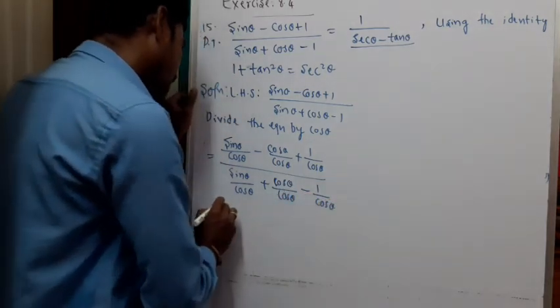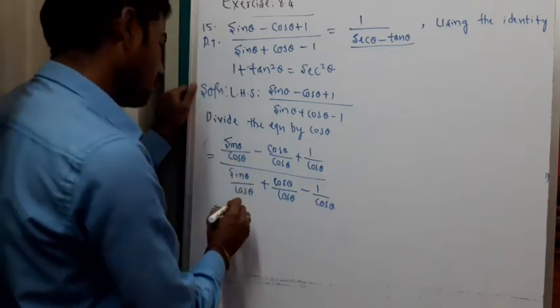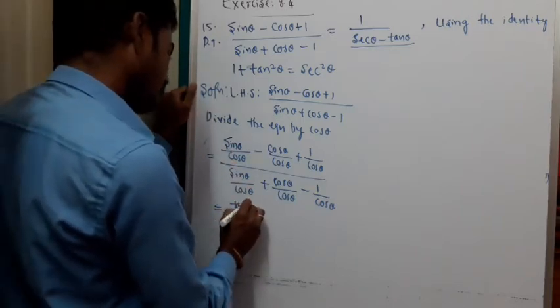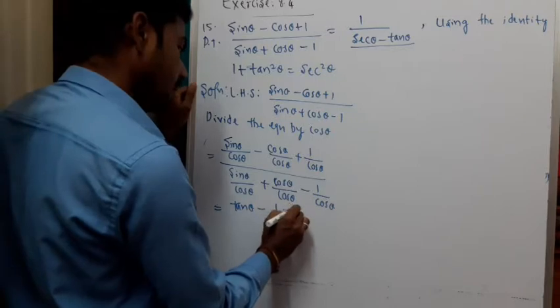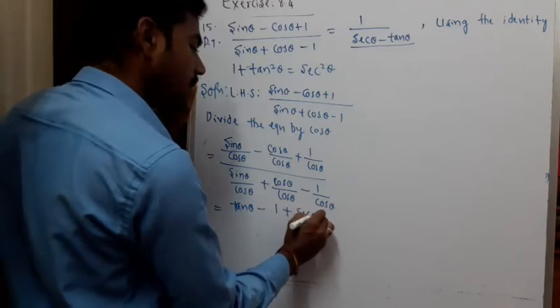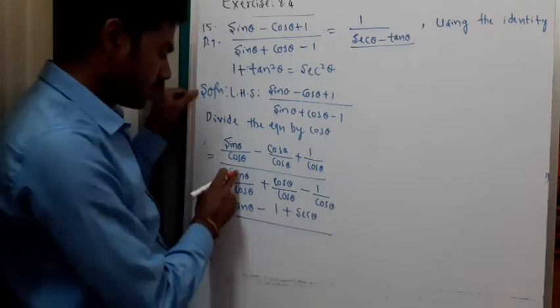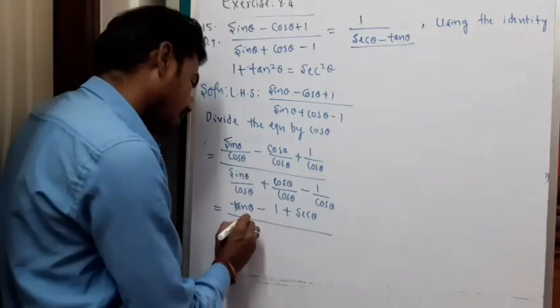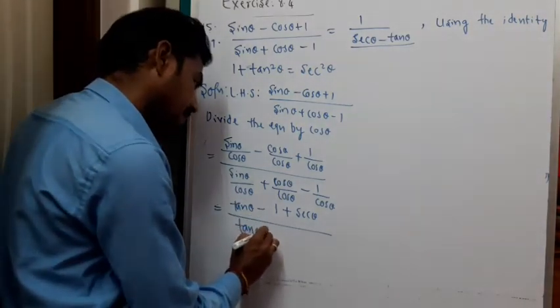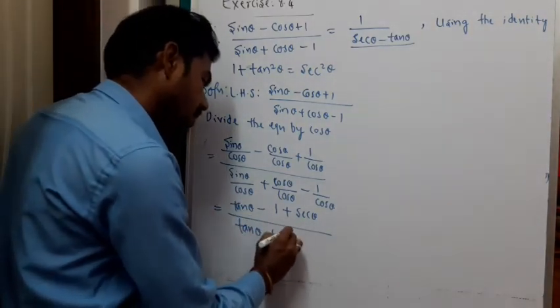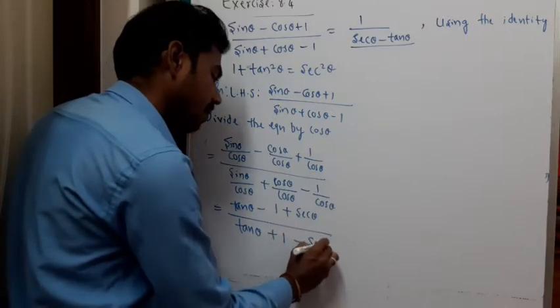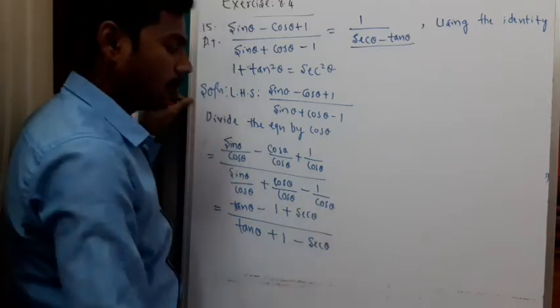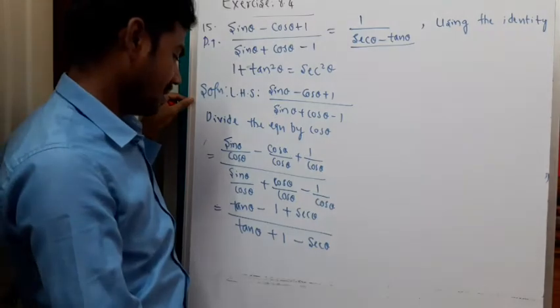So this can be written as sin theta by cos theta, which is nothing but tan theta, minus 1 plus 1 by cos theta, which is nothing but secant theta, divided by sin theta by cos theta, tan theta, plus cos theta by cos theta, which is 1, minus 1 by cos theta, which is secant theta.